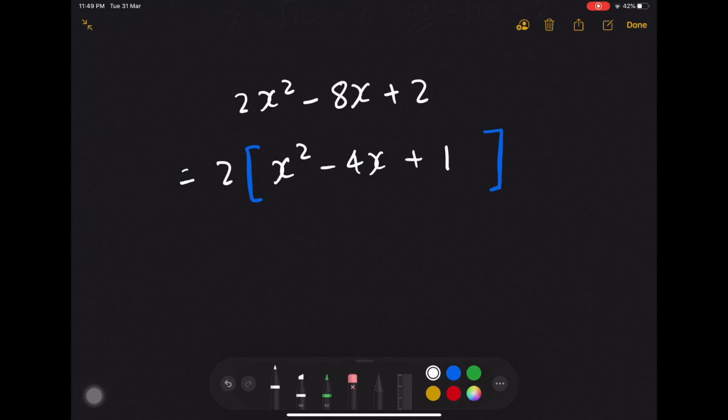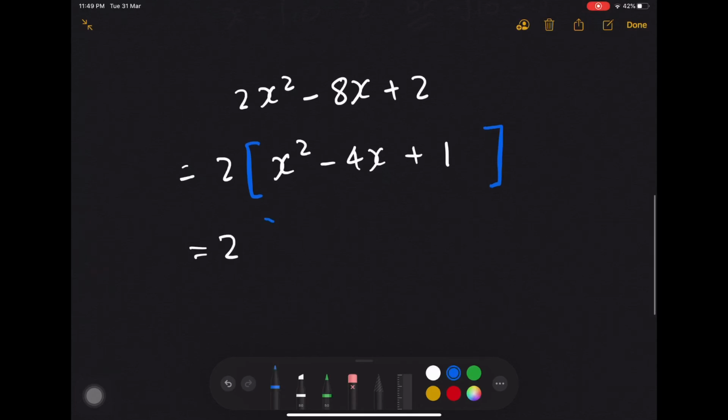When you get to this stage, you are allowed to complete the square because the coefficient of x squared is now 1. So we have 2, and I'm going to put the square bracket. Like what we did just now, all you need to do is to put down the x. Since it's a minus, it will be minus, and we have 4 over 2, the same thing.